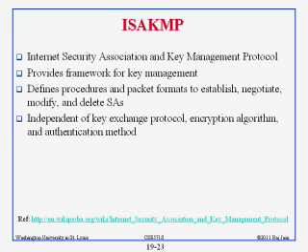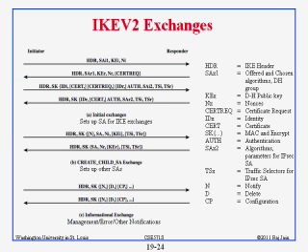And so it defines the procedure and the packet formats to establish, negotiate, modify and delete security associations, SAs. It is independent of the key exchange protocol, encryption algorithm and authentication method. So basically you could use any exchange protocol such as we talked about, public key, private key, whatever, but it has certain protocols, certain messages that have been formalized.